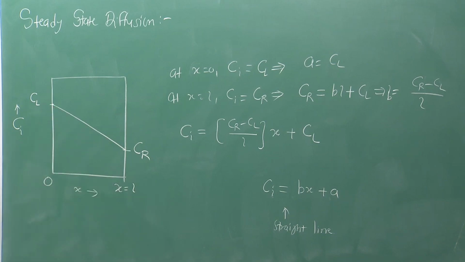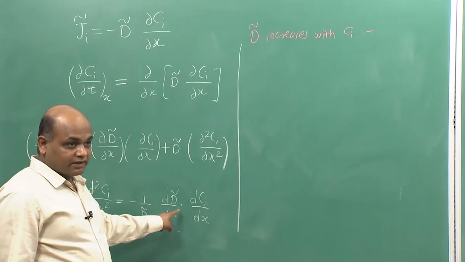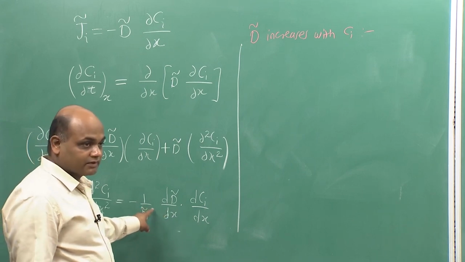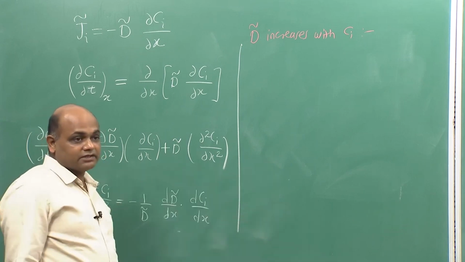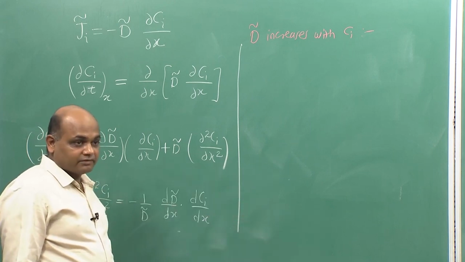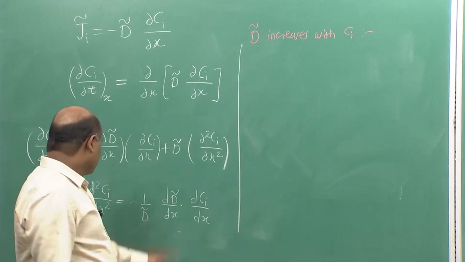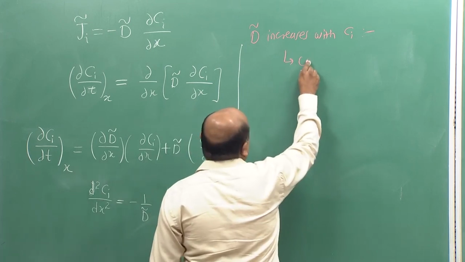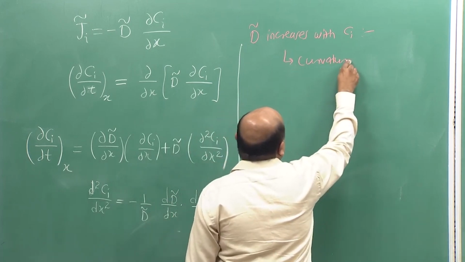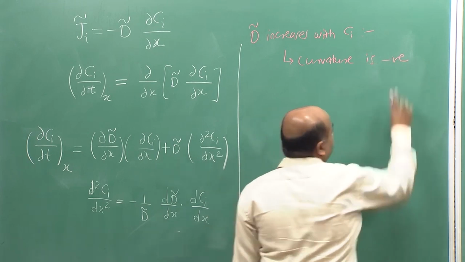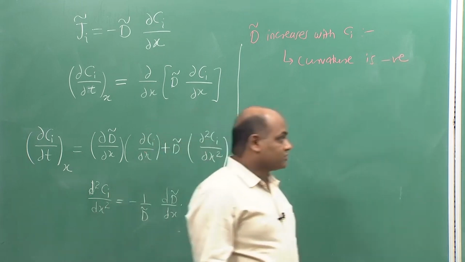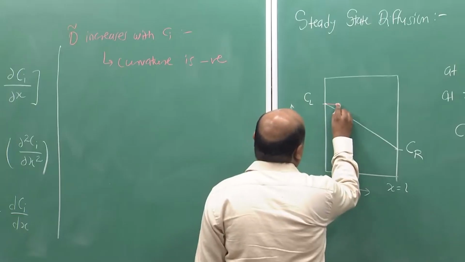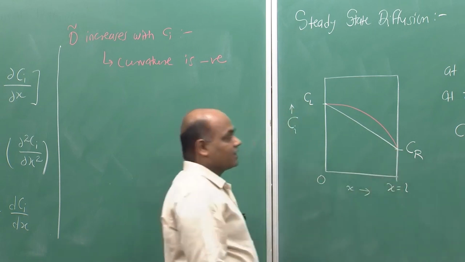So, this derivative d tilde by dx is negative. Now, dCi by dx here is negative, right, because concentration is decreasing. So, the curvature in this case will be negative. So, qualitatively the concentration profile will look something like this, right, we will have a negative curvature.